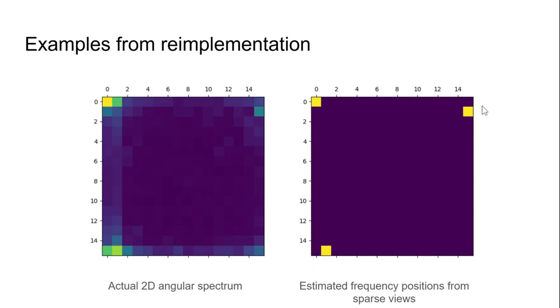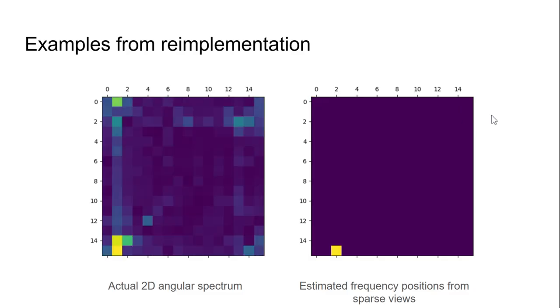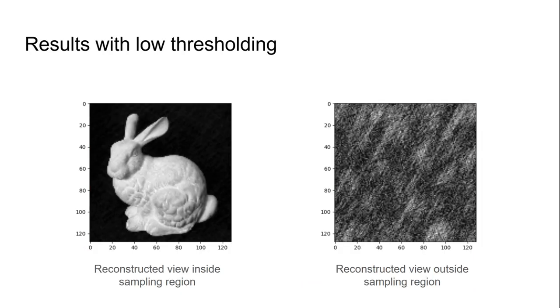And this is from my own re-implementation of the same thing. On the left is the actual 2D angular spectrum, and on the right is the estimated frequency positions from using my re-implementation. This is just another example of the same thing.